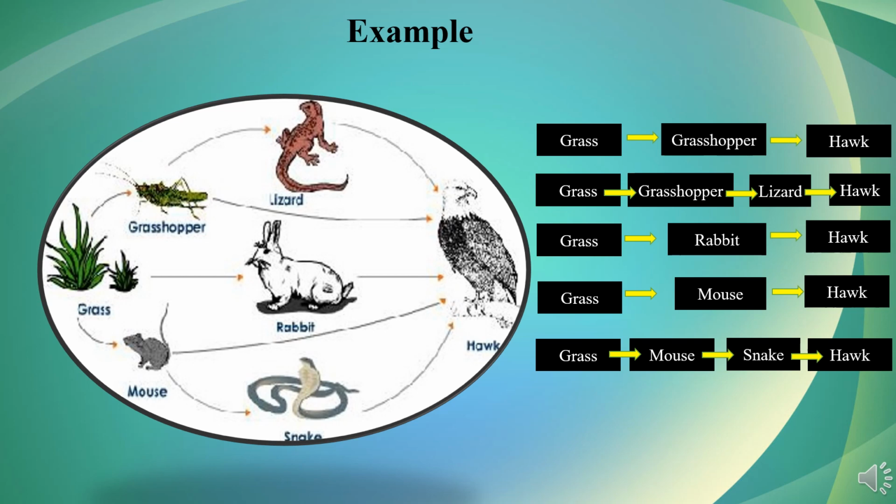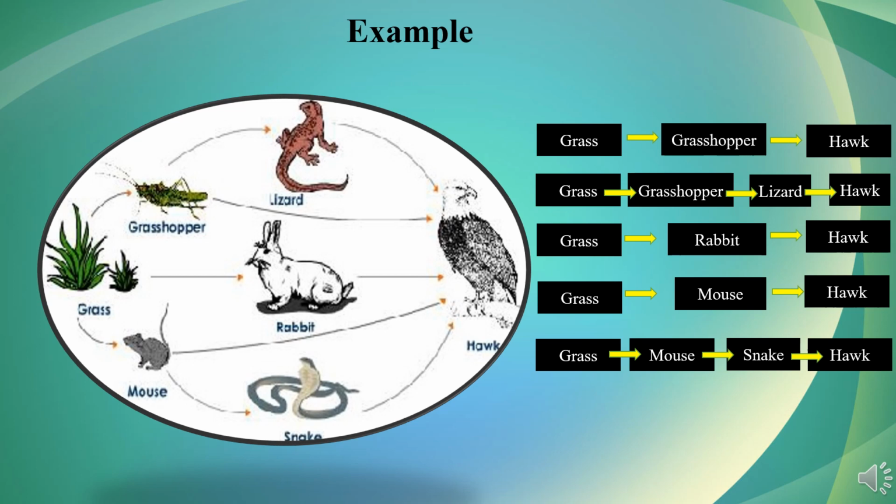So here is an example of a food web. A typical food web of a grassland ecosystem is shown in this figure. In the given example, in the grassland ecosystem, grass is eaten by grasshoppers, rabbit, and mouse. Grasshopper is eaten by lizard, which is eaten by hawk.